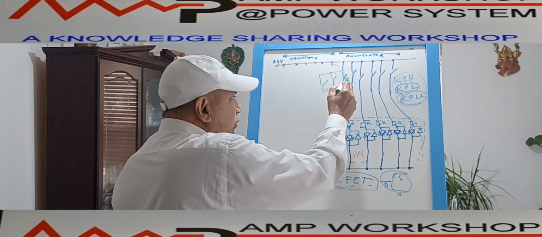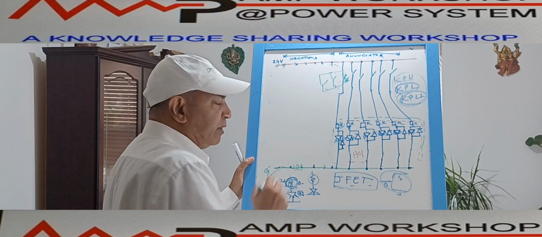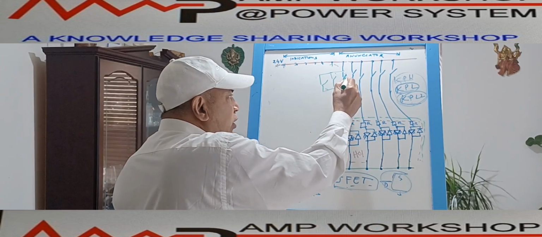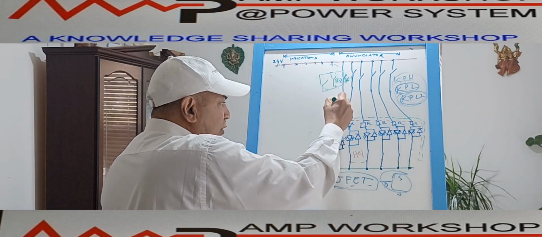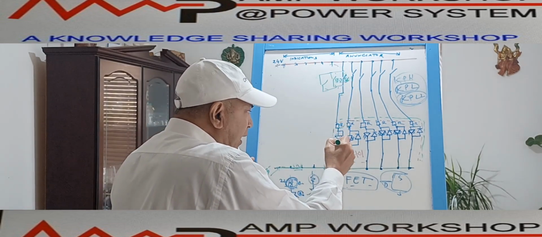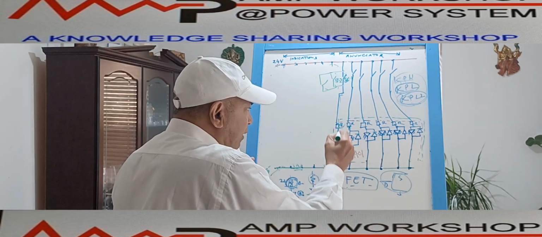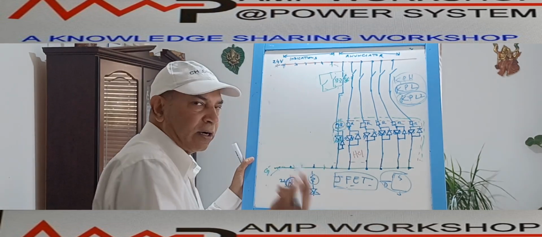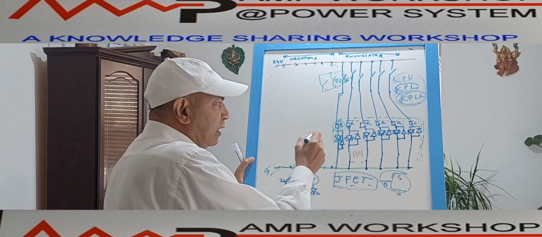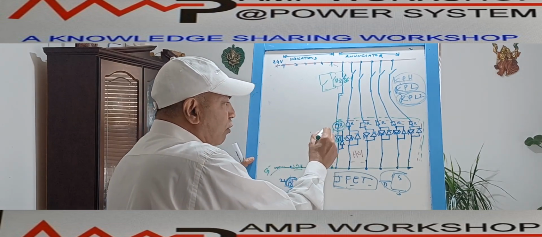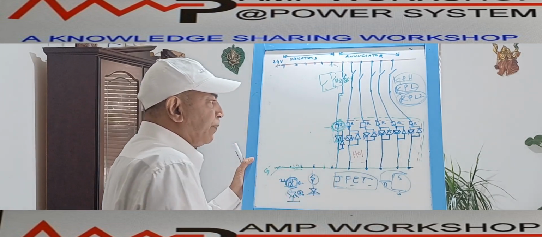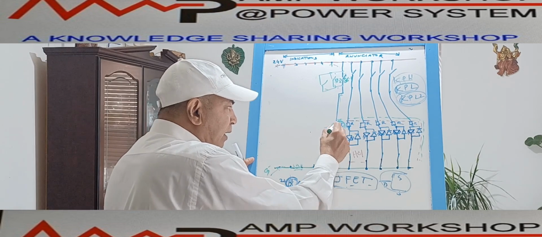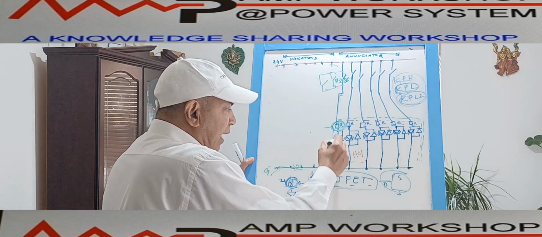Normally all these contacts are open, so this indication lamp is not on. The moment any of the lockout relays, suppose this is 86.1, 86.2, operates, immediately this resistor will allow the current to this LED. This is the balanced resistor I have shown as an alternative. In the previous indication we used a ZEP or the constant current device, but here we are using a balanced resistor. This balanced resistor is connected in series with the LEDs and the current will flow.